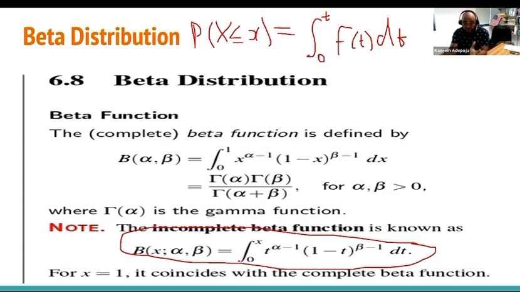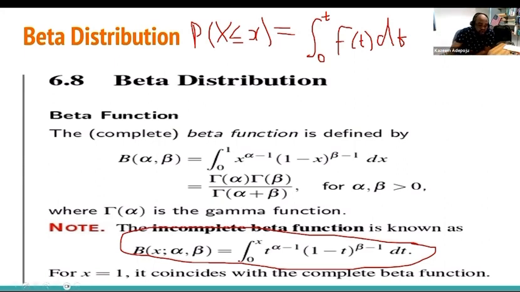If you want to talk about complete, it's going to go from 0 to 1. But if you want to talk about incomplete, it's going to go from 0 to x, and the x here is going to be less than 1. We're not going to get up to 1. So that is what the incomplete beta function is actually talking about.